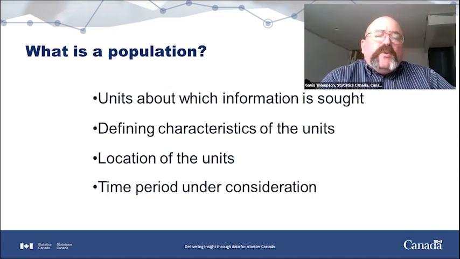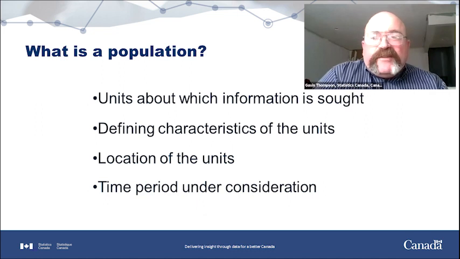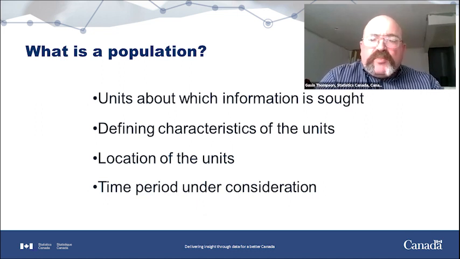All right, so what about our population? So the population that we're looking for is the units about which the information is being sought. So who is it that we need to talk to? Sometimes this is perfectly clear. So for example, if you're looking at a national estimate of employment, you might be looking at everyone who lives in the country. Or it could be everyone who's in the country that day.